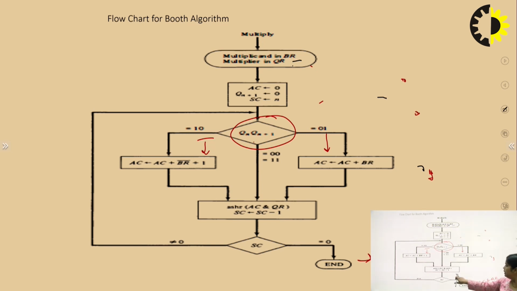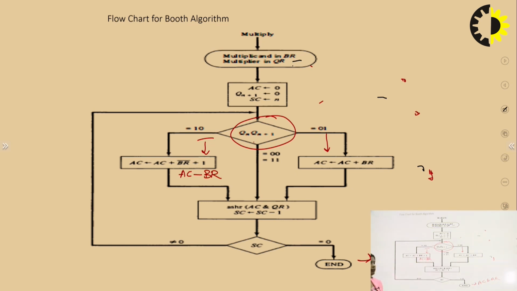And the next one: when the value of Qn and Qn minus 1 is 1 0, then the operation is AC plus BR complement plus 1. Why are we saying this? Because it is AC minus BR. This particular value is called AC minus BR.